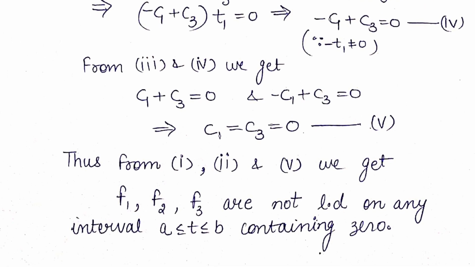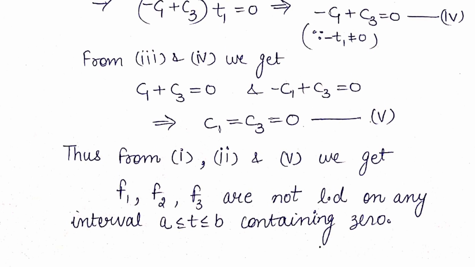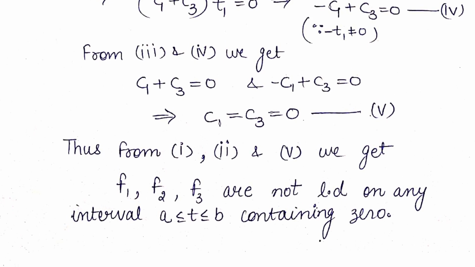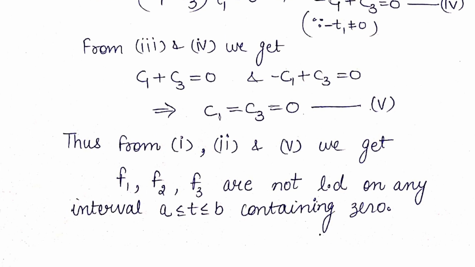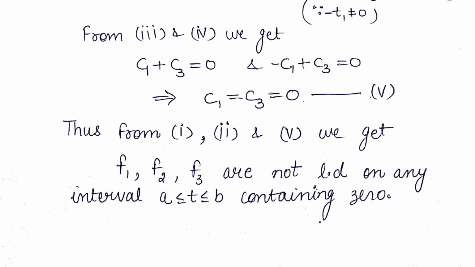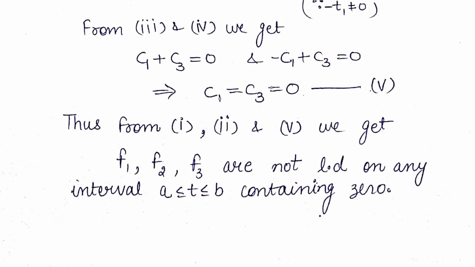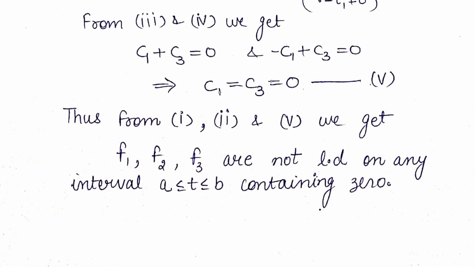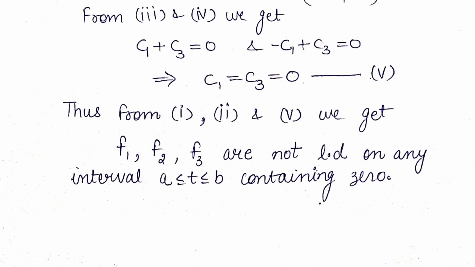And thus, the converse part of the above theorem is not true in general when f1, f2, fn are given to be any functions and are not particularly solutions of differential equation 1.